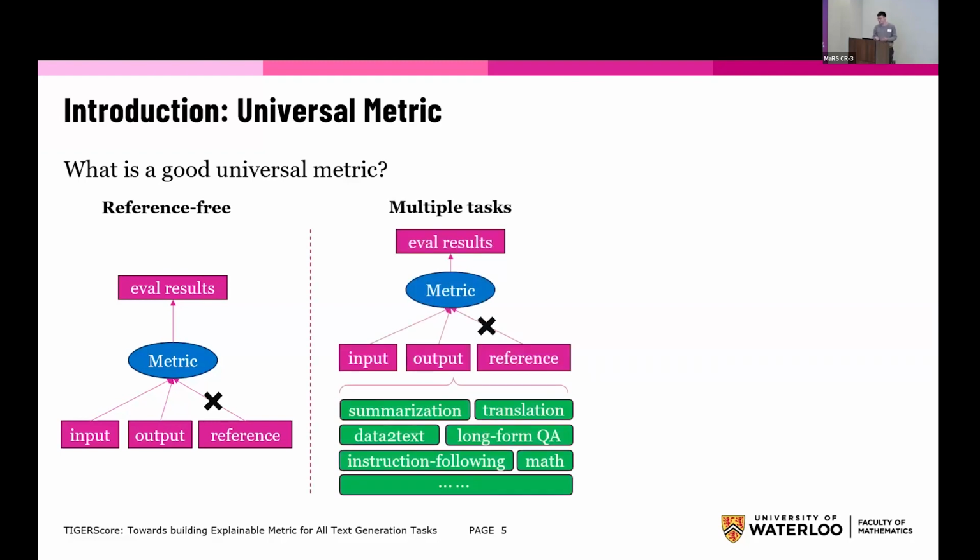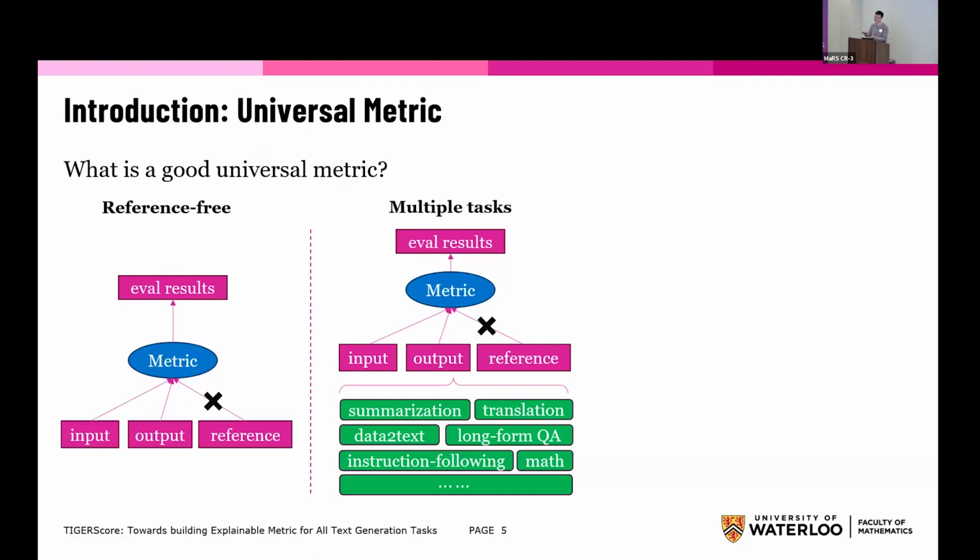The second one is multiple tasks. Instead of using different metrics for different tasks, we want to use one metric for basically every task. That's what our large language models do, right? Before GPT-3 and ChatGPT, you needed specialized language models for summarization or for translation.